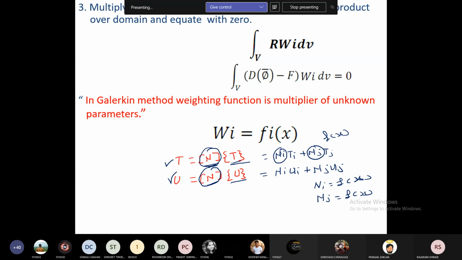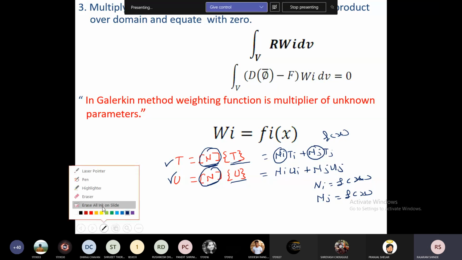So if we combine the finite element method and the Galerkin method, we get the direct weighting functions as the shape functions. That means shape functions can be used as weighting functions when we apply the Galerkin method for our finite element formulation.